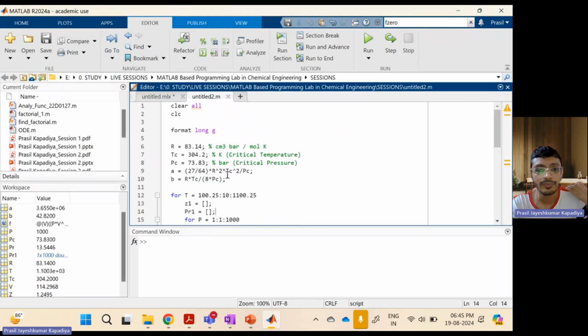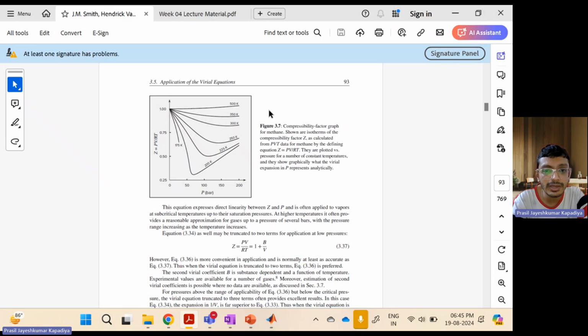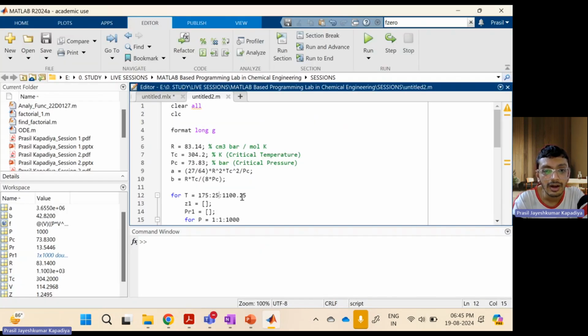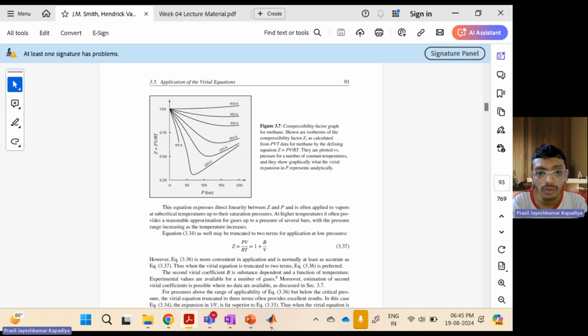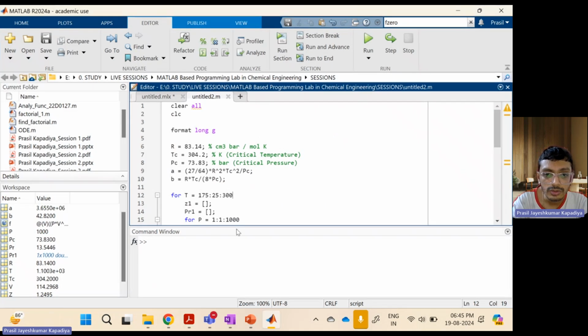So let's do it from 175 Kelvin, exactly 175 Kelvin, in intervals of 25 Kelvin. Let's do it till 300 Kelvin, and let's see for these three temperature points whether we are getting exact answers or not. And the pressure is up to 200 bar, right? So let's also do it till 200 bar.